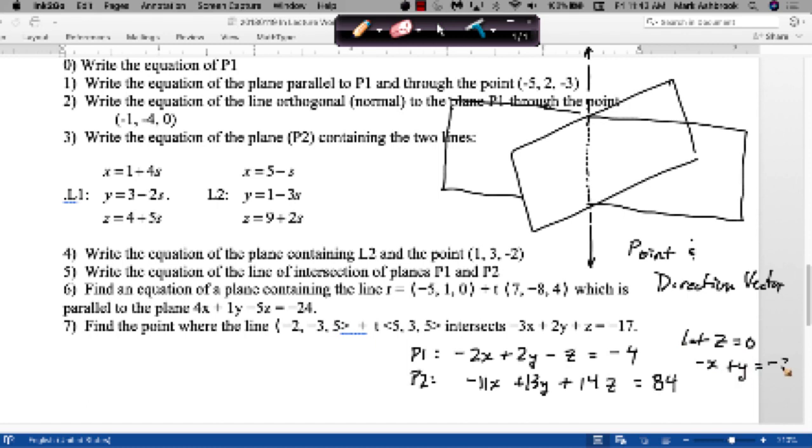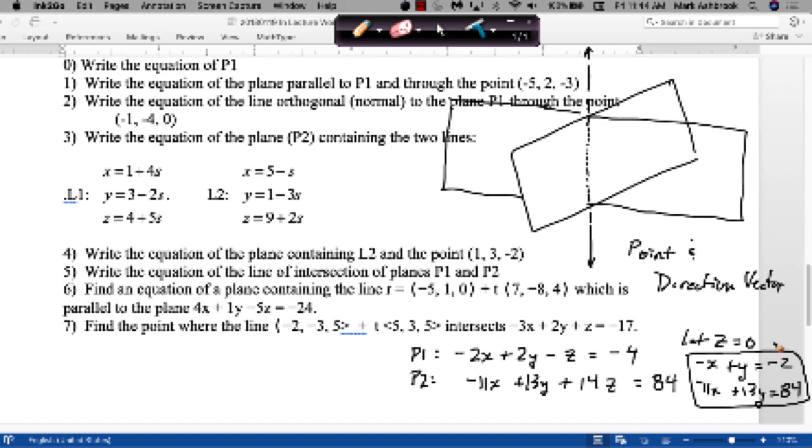Is that right? Divide by 2, divide by 2, divide by 2, yep. And negative 11x plus 13y equals 84. If I solve those two equations, I'll get my x and y coordinates that go with z equals 0, and that'll be a point on the line. Good? All right, half done, right?